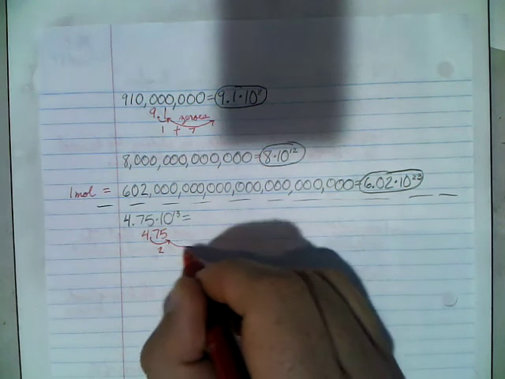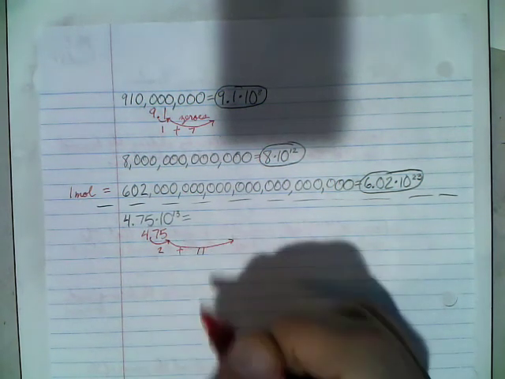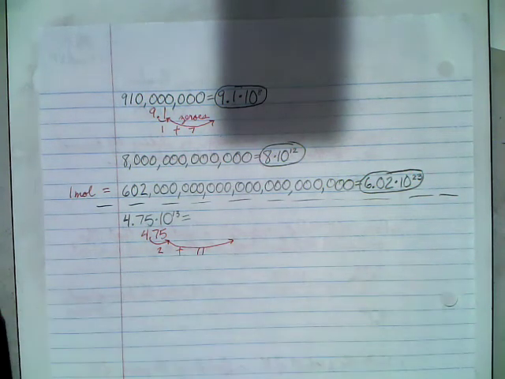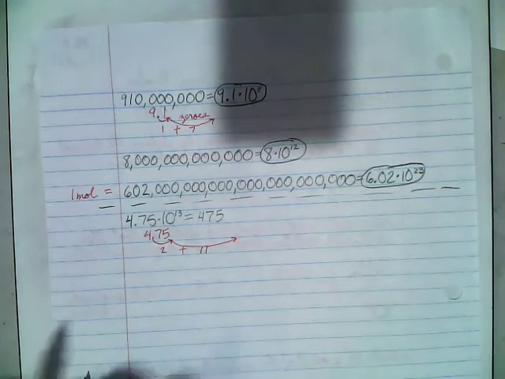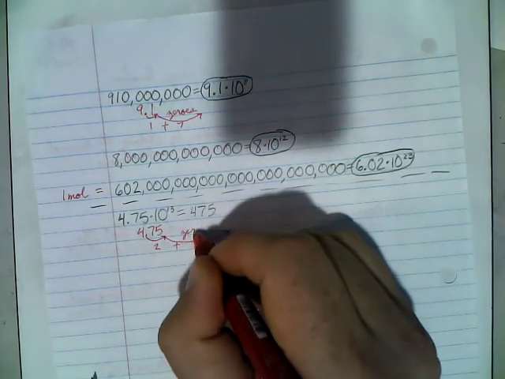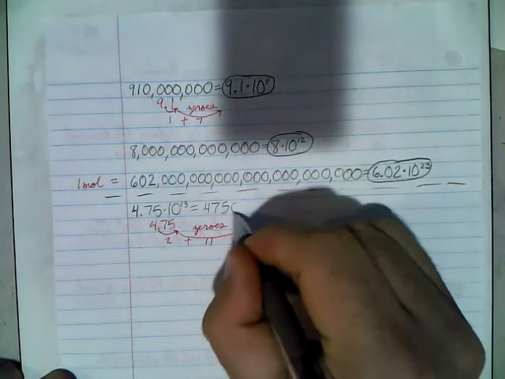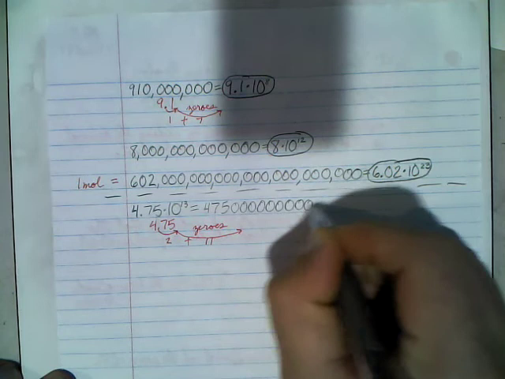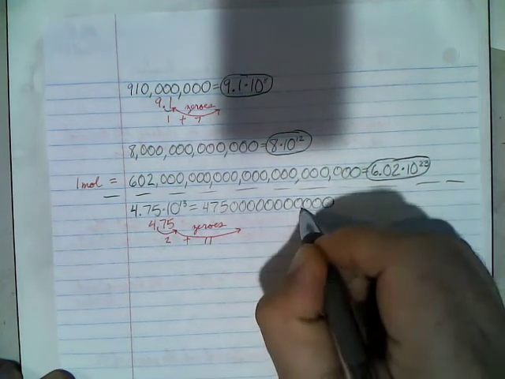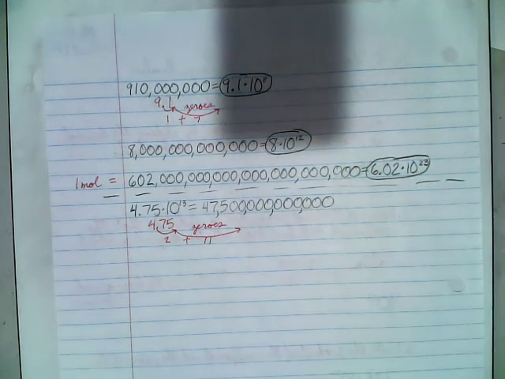So I have 11 more spaces I can move with that 13. So that means I'm going to have 4, 7, 5, and then with 11 zeros. 1, 2, 3, 4, 5, 6, 7, 8, 9, 10, 11. Put your commas in every 3 digits, and there's my number.